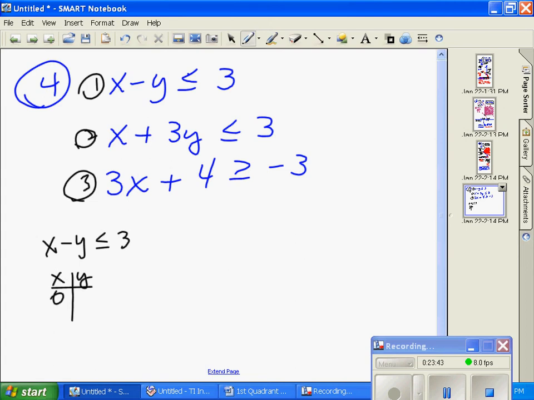Put a 0 in for x and I get y to be negative 3. Put a 0 in for y, I get x to be 3. So there's that equation 1. We'll graph that one in black. In blue, I have x plus 3y less than or equal to 3.